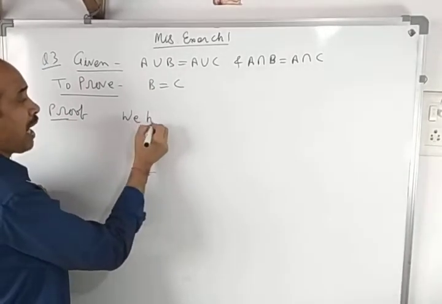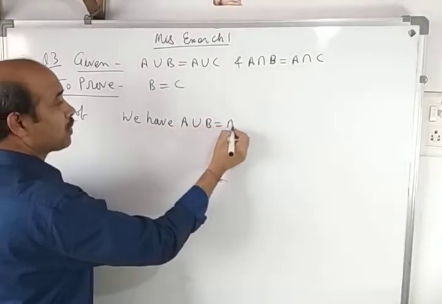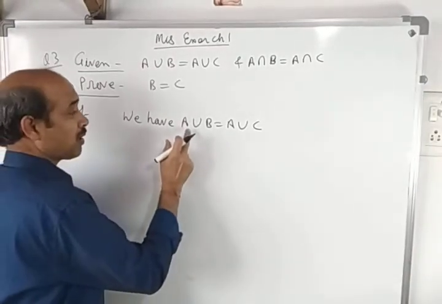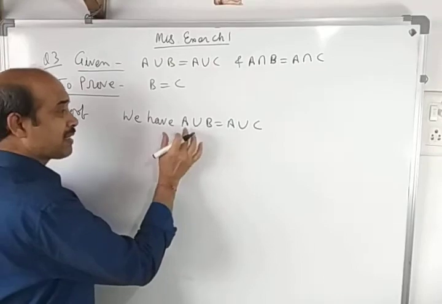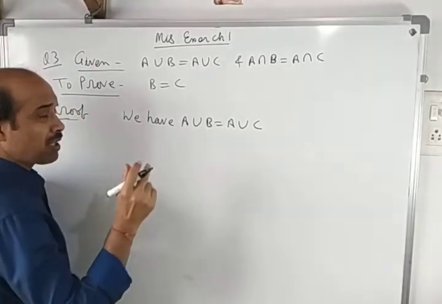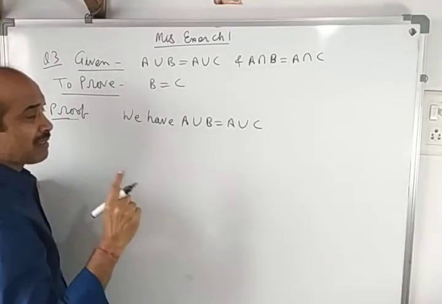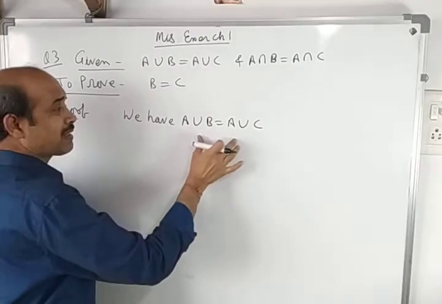So we will write, we have A union B is equal to A union C, and this is a single set. Remember, while it is written A union B, after taking the union of two sets we get a single set. So this is a single set and this is also a single set. Two sets are equal.